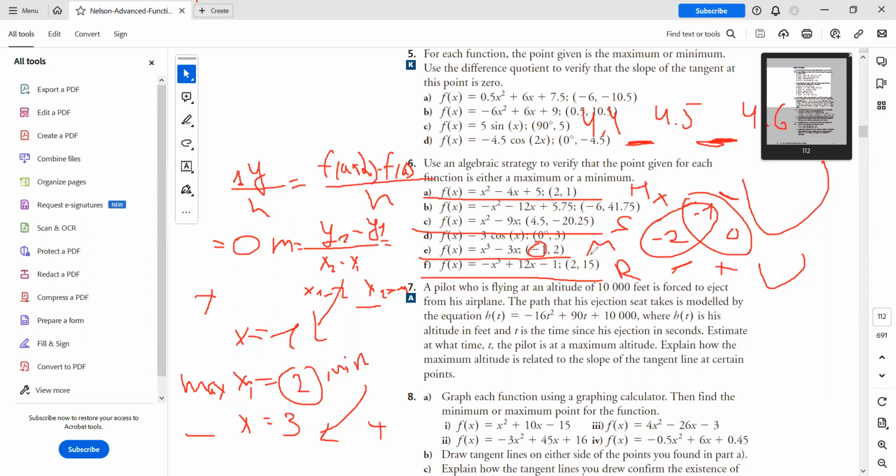So it's positive afterwards and negative before, which means this is a local minimum value. You're right, Mohammed. This is going to be a minimum value. Do you have any questions on how we estimate whether it's a minimum or not?